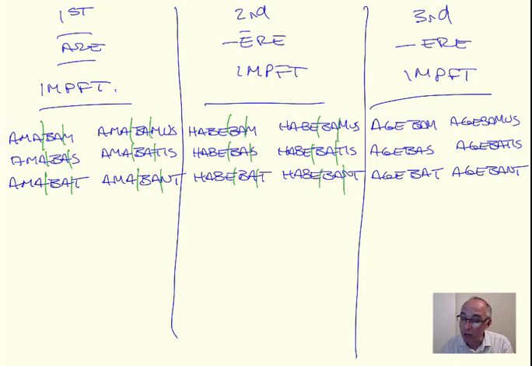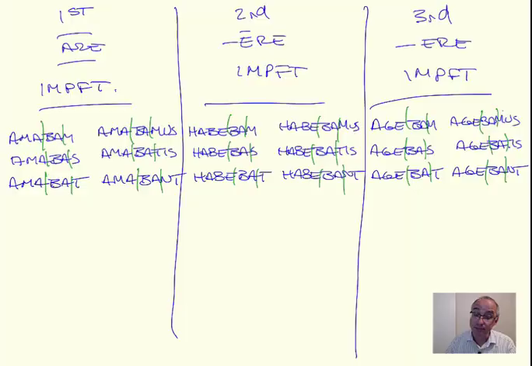To reiterate, incredibly consistent, your stem, age, your BA as the tense indicator, despite my poor writing up there, and the endings that you all know. Look how incredibly regular this imperfect tense is all across the board.